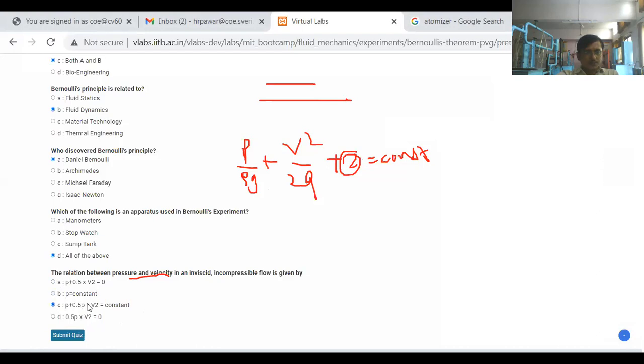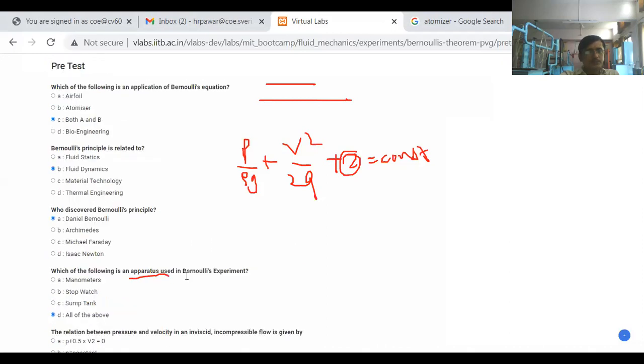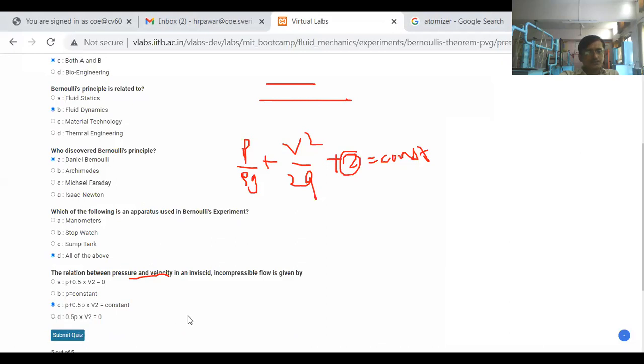Then option C, P plus 0.5 rho V square is equal to constant. And the last one, 0.5 rho V square with no plus, directly showing the product. Again it is equal to 0, so this is also not the answer. So this will be the correct answer. Let us check.